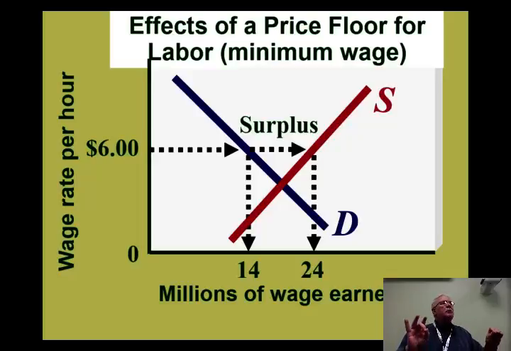If the minimum wage is greater than the equilibrium wage, then you're going to get more unemployment, period. That's just mathematics. If the minimum wage is equal to or less than the market wage, then you will have no more unemployment.